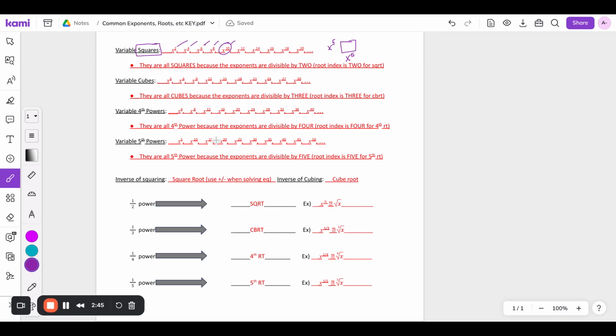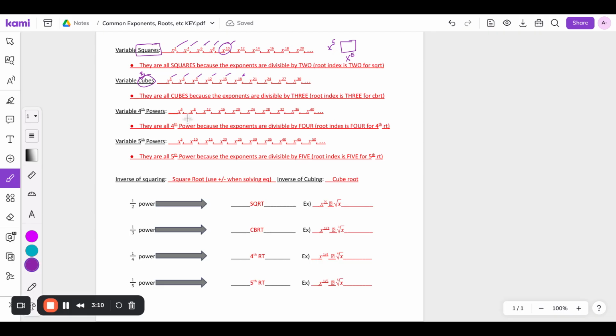So x to the 10th is a square. X to any even power is a square. Cubes, look, as long as the exponent is divisible by 3, it's a cube. And so you're going to see that some squares are cubes as well with these variable exponents.